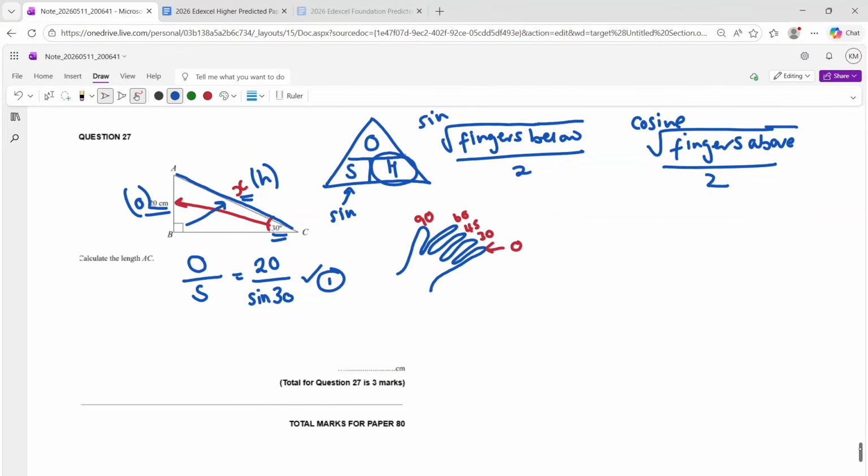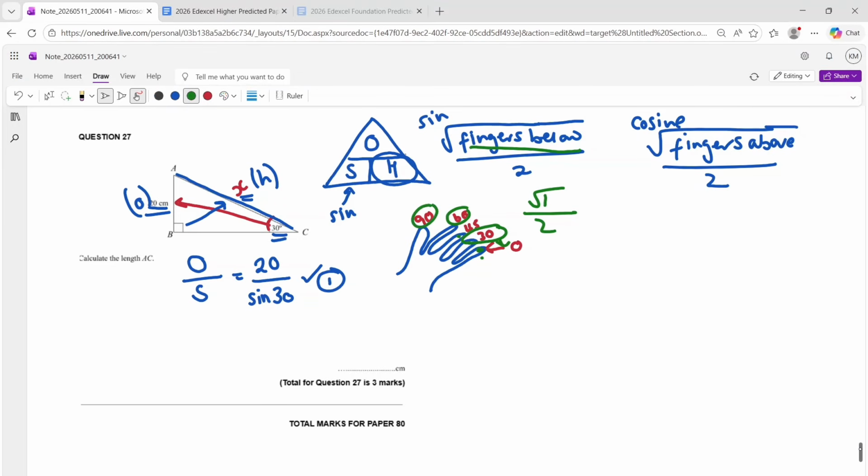So let's explain how to do that. So I am doing here sine of 30, and sine of 30 is on this second finger above my little finger. So how many fingers have I got below that? Well, I've just got this one here. So the number of fingers I've got below is 1. So sine of 30 is the square root of 1 over 2. If I was doing sine of 60, it'd be square root of 1, 2, 3 over 2.